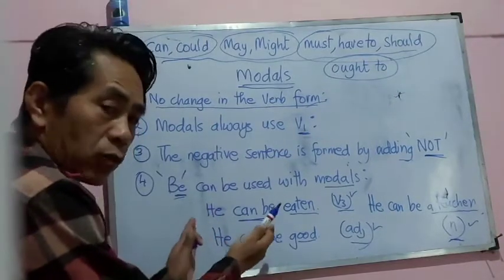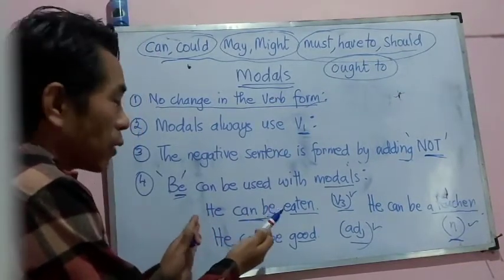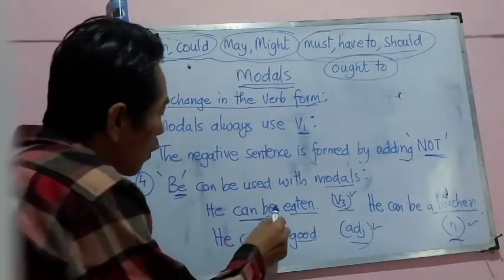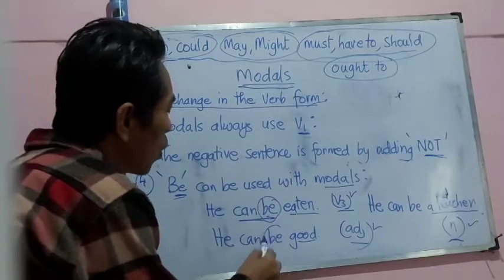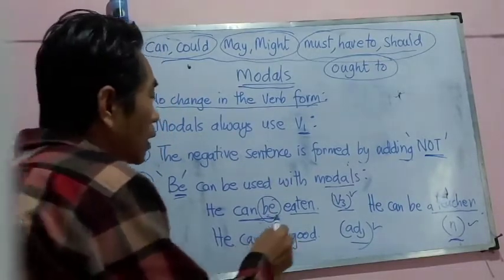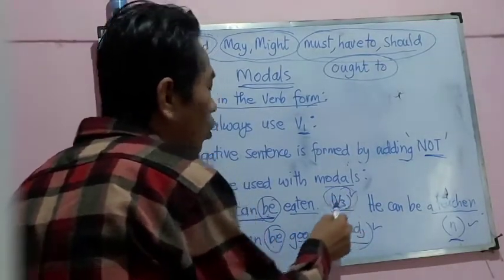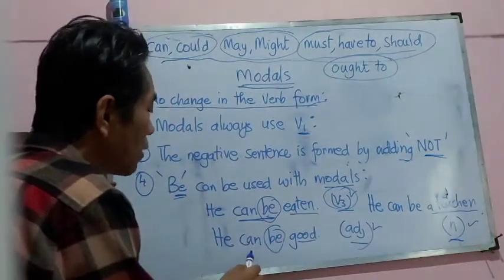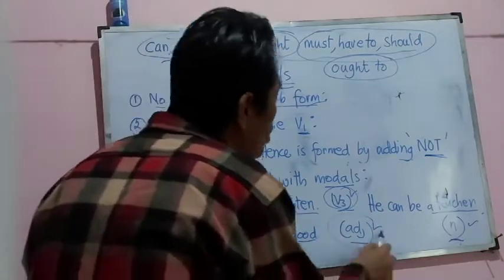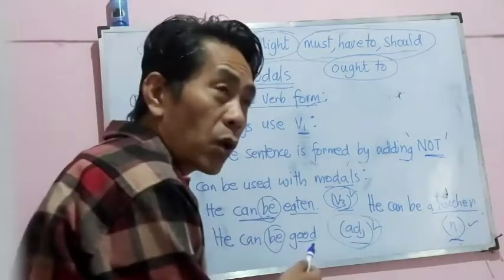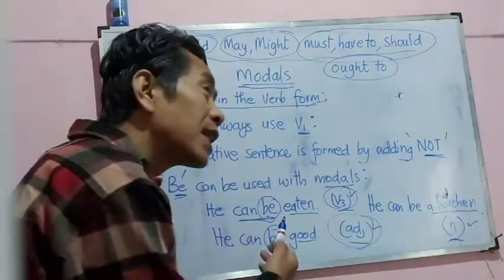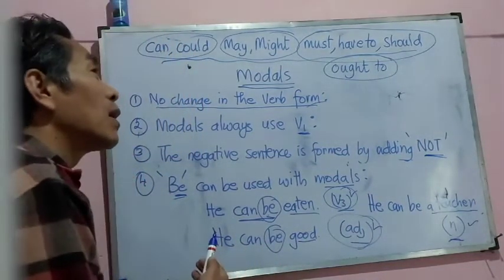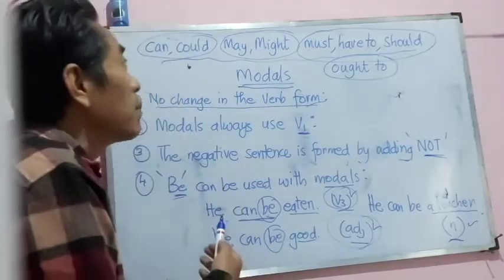Now please pay very careful attention, because I'll be giving you some exercises. When we use be with the models, the verb can be verb 3, not verb 1, not verb 2, verb 3. It can be adjective, for example, he can be good, it can be intelligent, he can be clever, he can be beautiful, it may be expensive, it may be difficult.